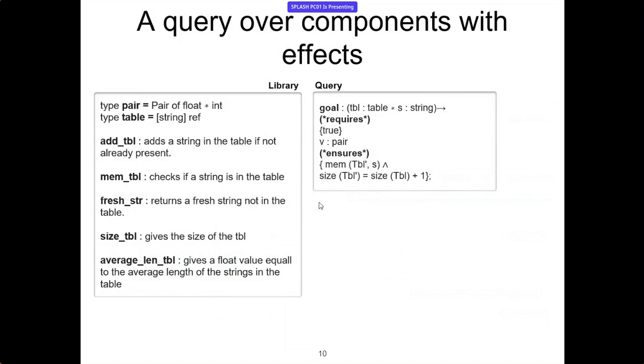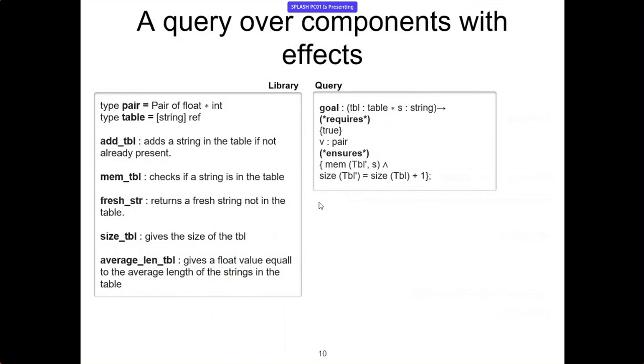One of the important properties this library is trying to enforce is the uniqueness of elements in the table. For example, add table only adds a string into the table if it's not already present in the table. The fresh str table function returns a fresh string not present in the table. Notice that each of these specifications is using the state of the heap in some sense.